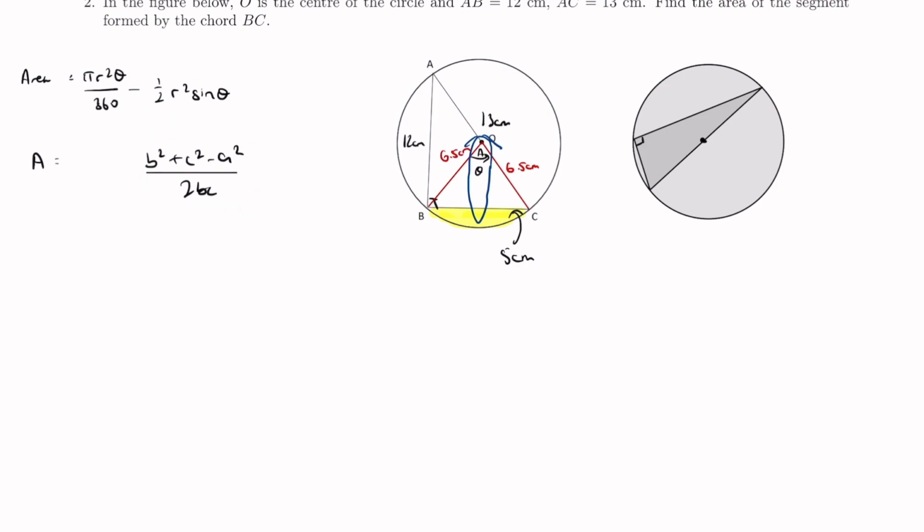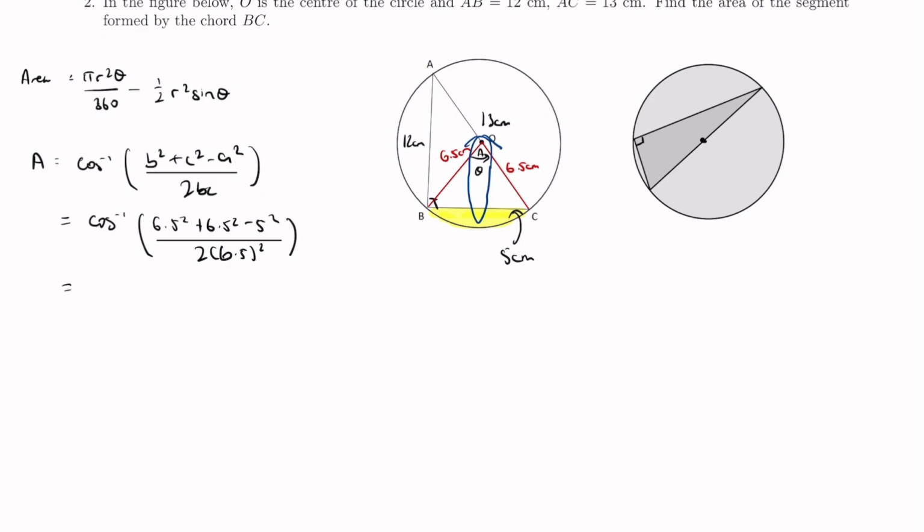The only thing that's essential here is that our A is 5 centimeters. So we end up with inverse cos of (6.5 squared plus 6.5 squared minus 5 squared) divided by (2 times 6.5 squared).